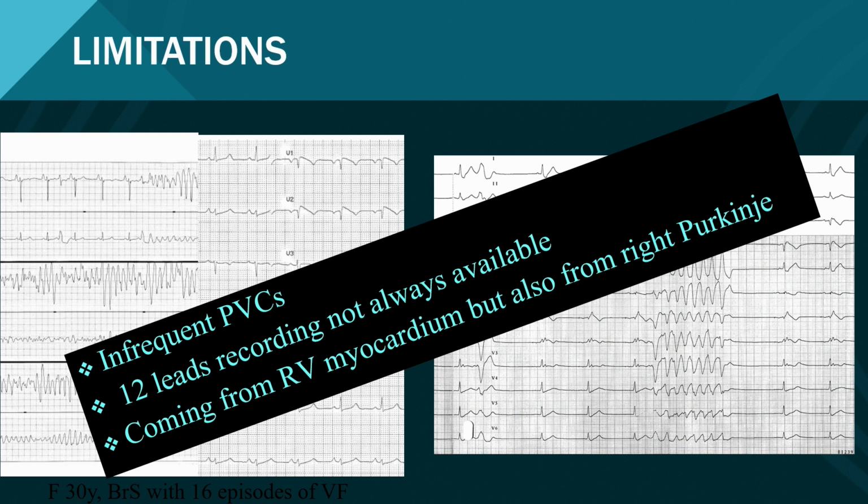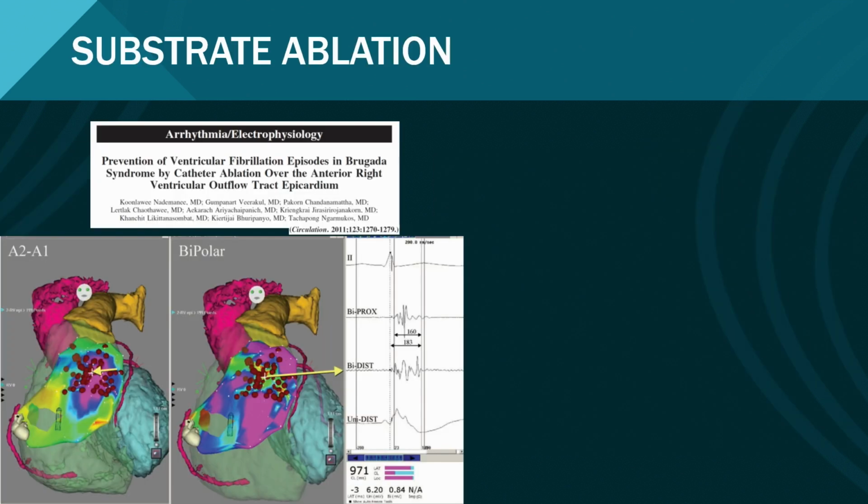This is not rare. So some substrate ablation has been proposed, and probably the first one to propose this approach was Nademanee. From his original publication in Circulation, he described, no surprise, that the substrate was pretty much epicardial and on the RV outflow tract, with some abnormal potentials, which are in fact interesting in the debate whether this condition is a depolarization or a repolarization abnormality.